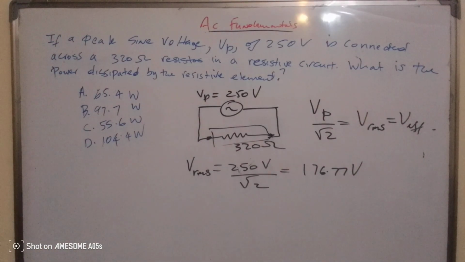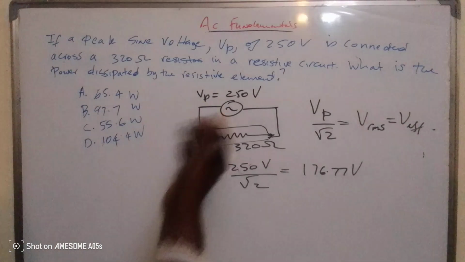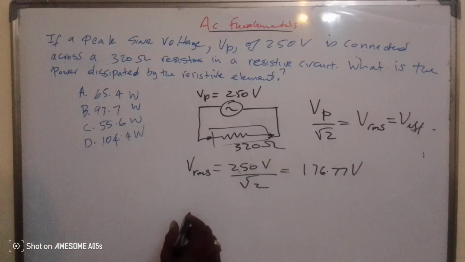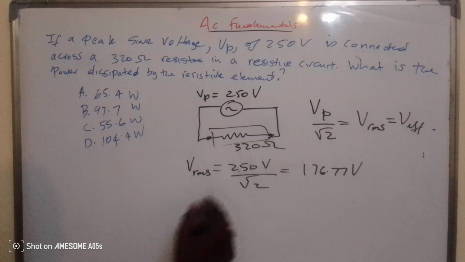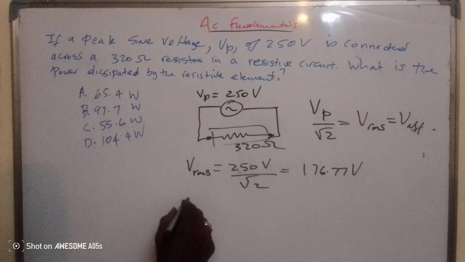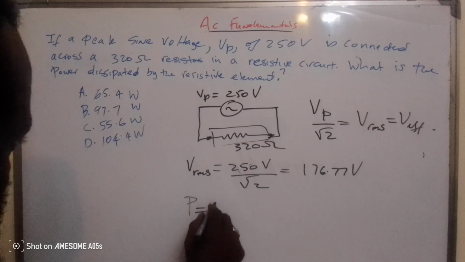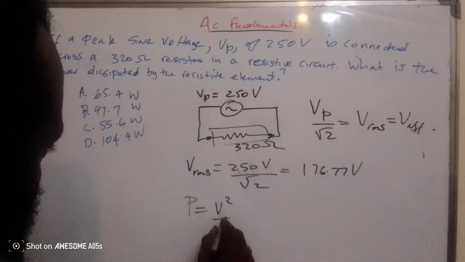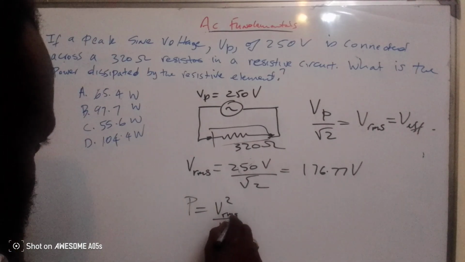Now, they're asking for the power dissipated by the resistive element. So the resistive element is 320 ohms. So we've got to pull an equation that deals with the resistance and the power. So the power is equal to V squared over R, particularly V RMS.